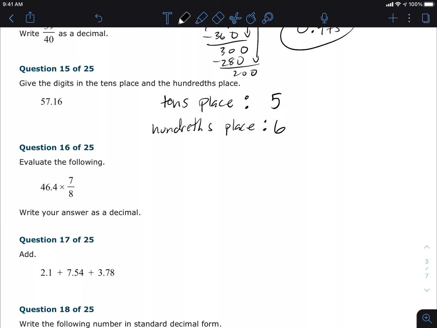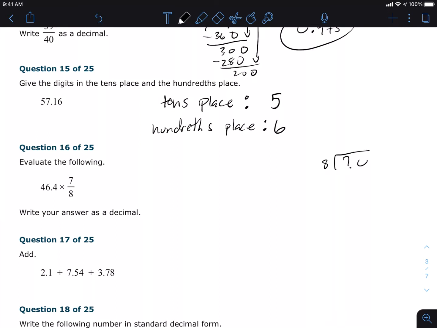All right, so the next problem, it wants us to evaluate this. And so the first thing that I'm going to do is I'm going to turn that 7/8 into a decimal to try and make my life a little bit easier. I already know what that is. I have it memorized. I've spent too much time with these types of fractions.